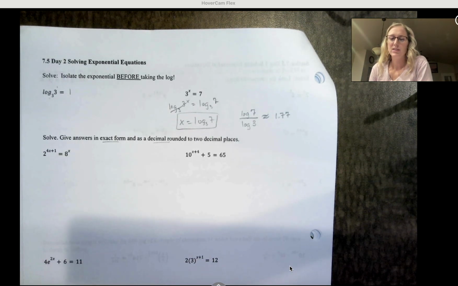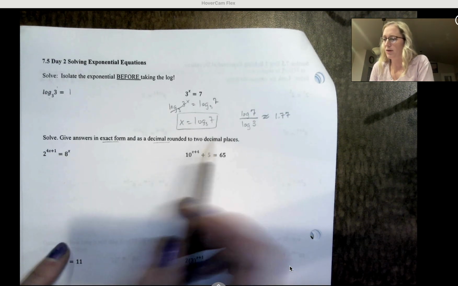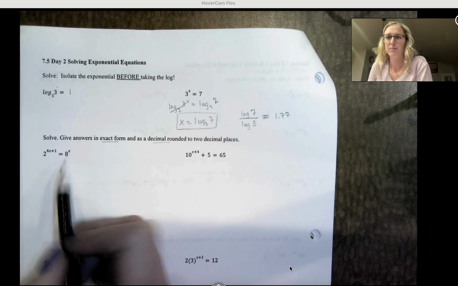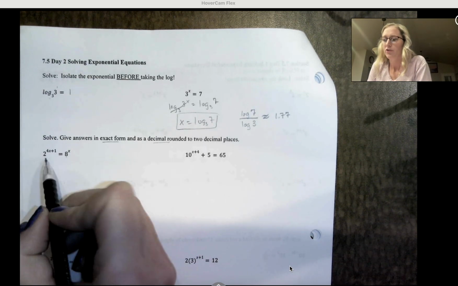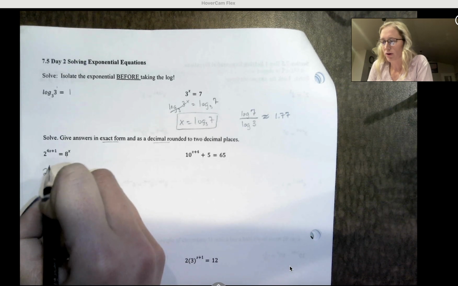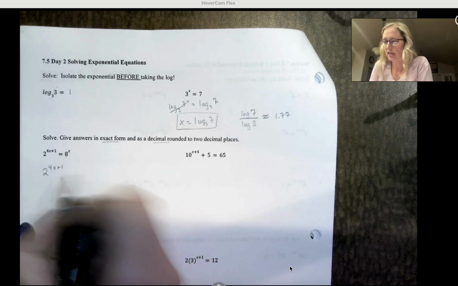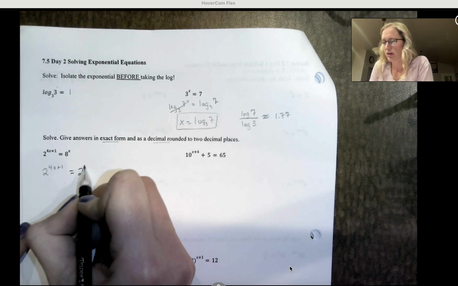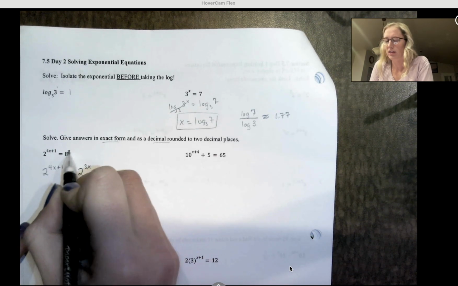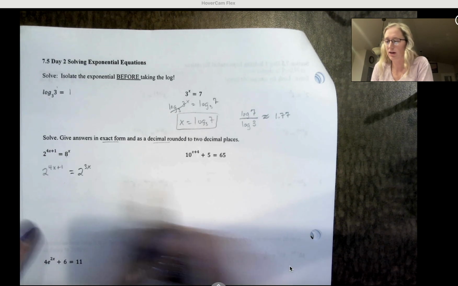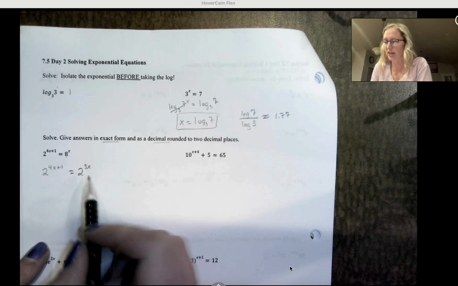Okay, so we did this a little bit in the last video, but we want to make sure that my bases match if I'm going to set the exponents equal. So I have 2 to the 4x plus 1. I can rewrite 8 using 2 because 8 is the same as 2 to the third, and then I have 3 times that x value that was in the exponent.